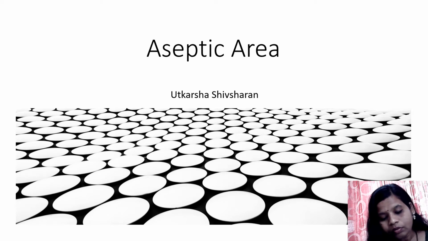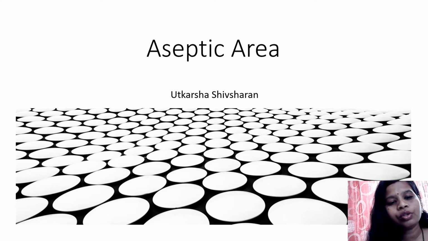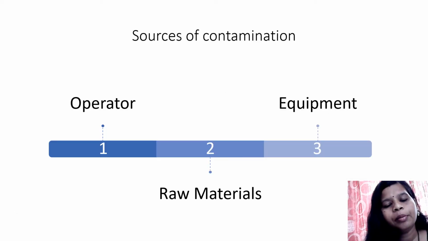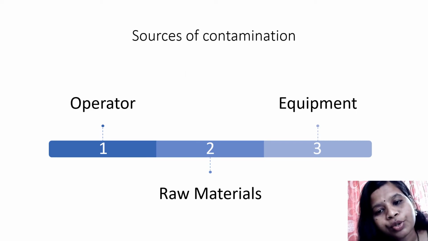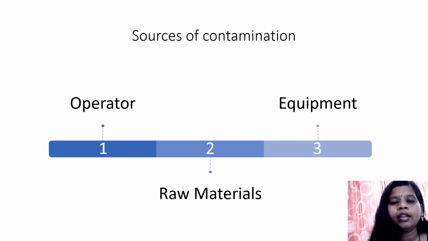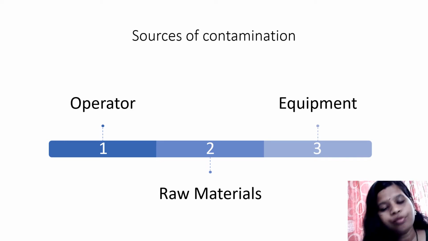Then we are going to focus on the sources of contamination. Basically, there are three different sources of contamination in the aseptic area. The first one is the operator or personnel.